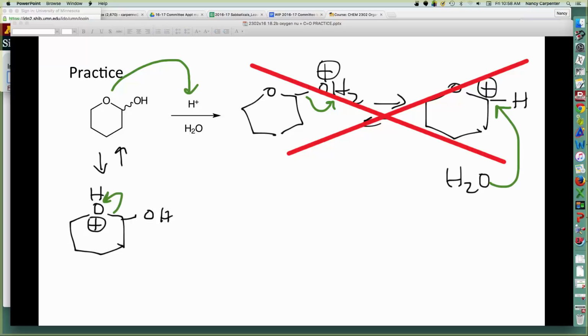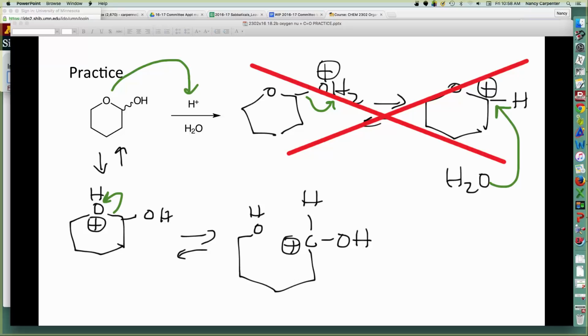Okay, no problem. That's not too bad. COH plus H. Let's draw a resonance contributor. I like that. Draw a resonance contributor. HO.